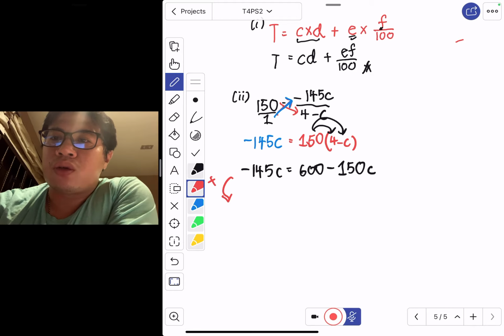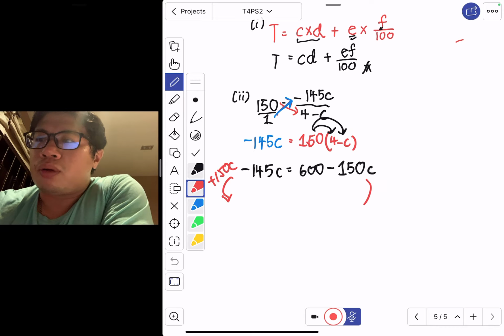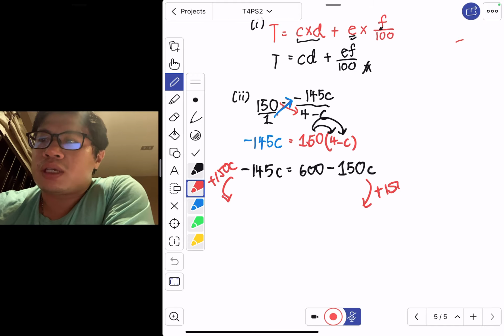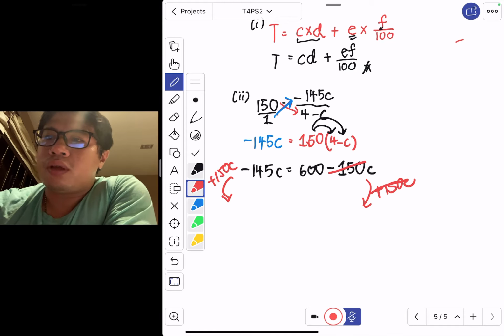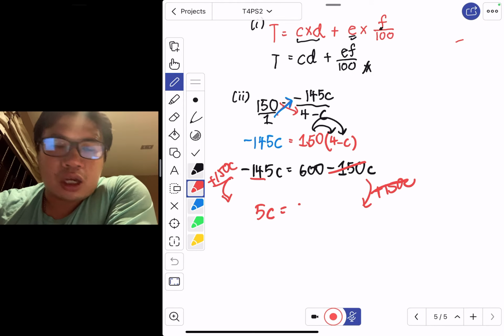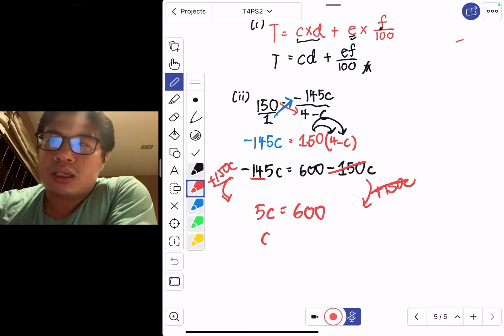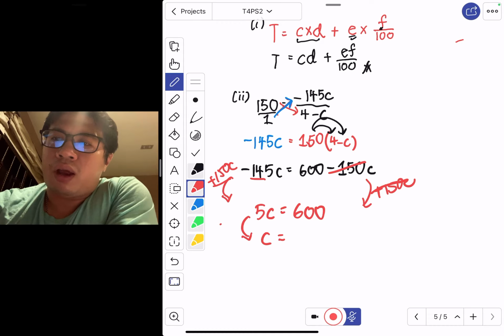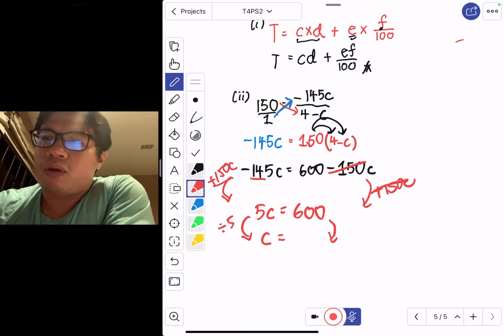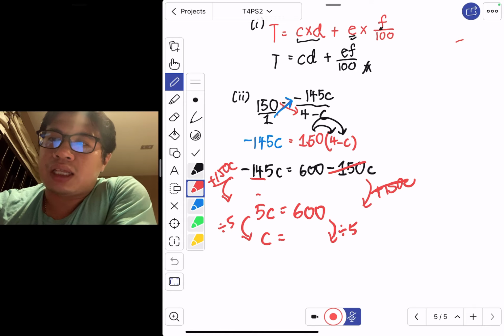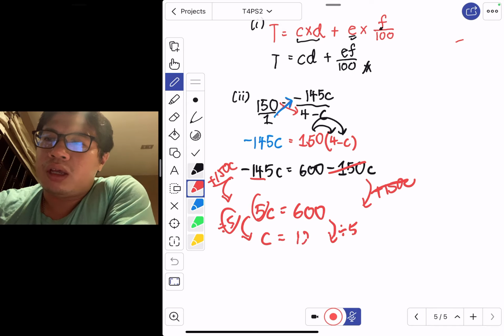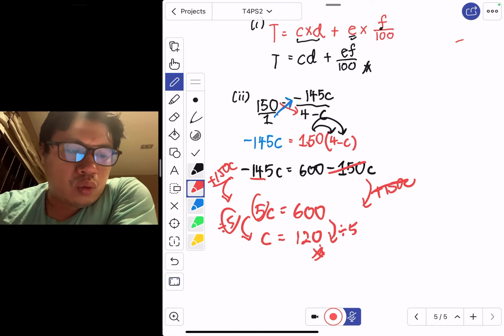This will cancel off, and negative 145 plus 150 gives me 5C equals 600. Divide both sides by 5, since I see a times 5. 600 divided by 5, I get C equals 120.